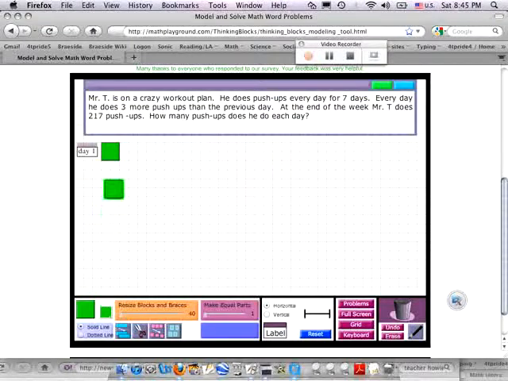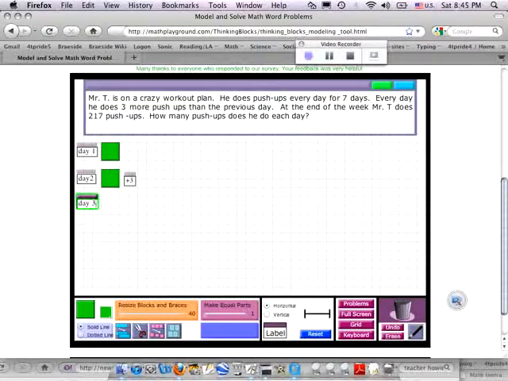Day 2, he will be doing the same number as day 1, except the problem says that every day he does 3 more push-ups than the previous day. So it's going to be whatever he did day 1 plus 3. And we're going to do that for basically every day here.